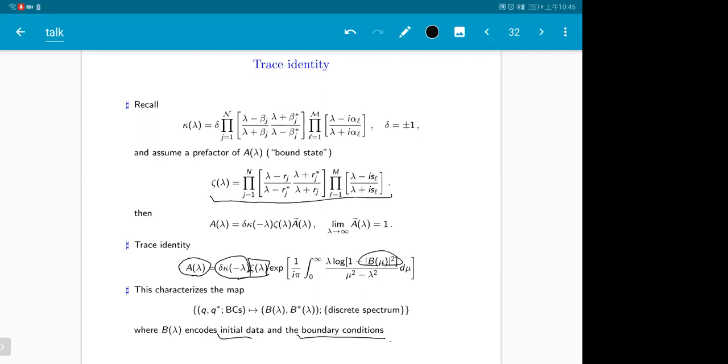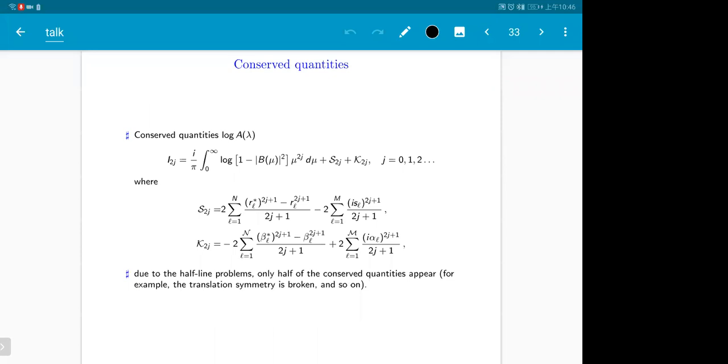In the usual inverse scattering case on the whole line, your integral goes from minus infinity to plus infinity. But here we go from 0 to infinity, and with a different dependence on this parameter. So that is different from the inverse scattering on the whole line.